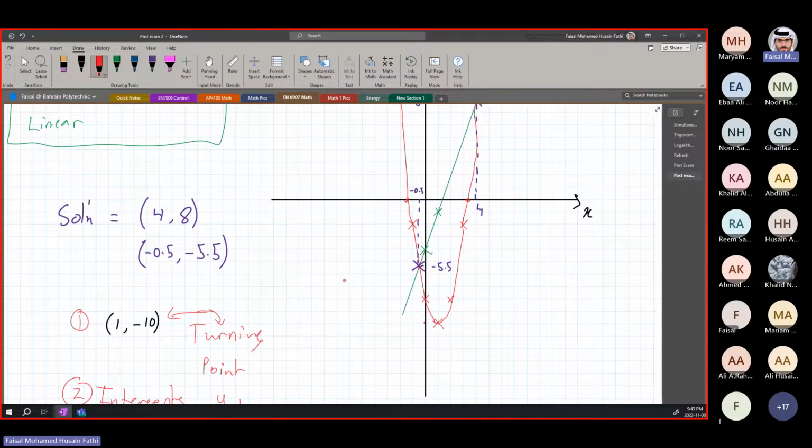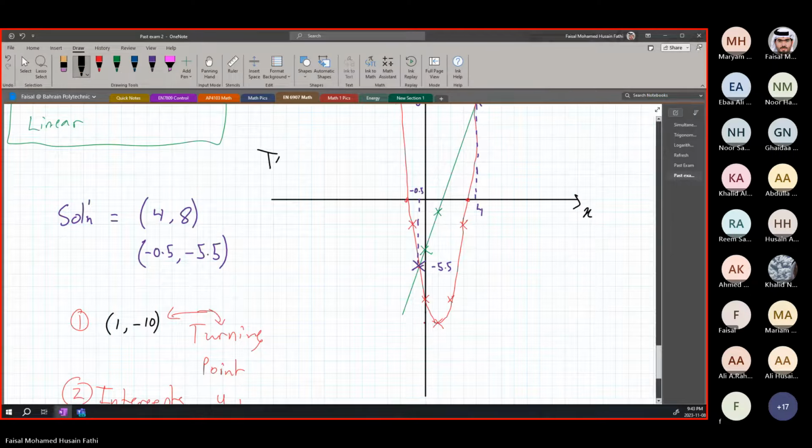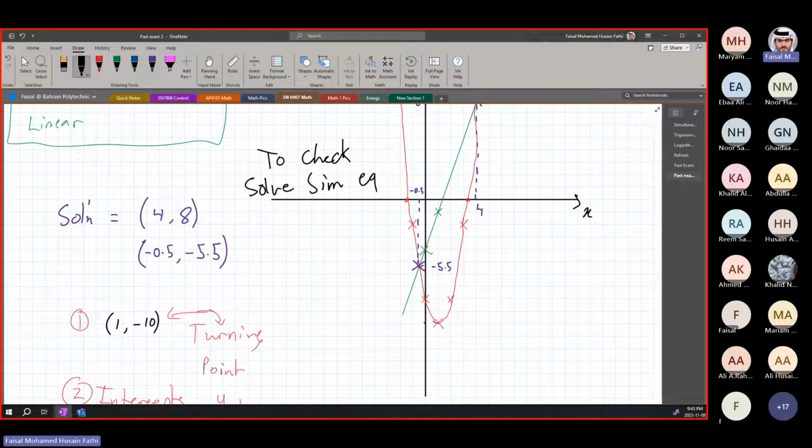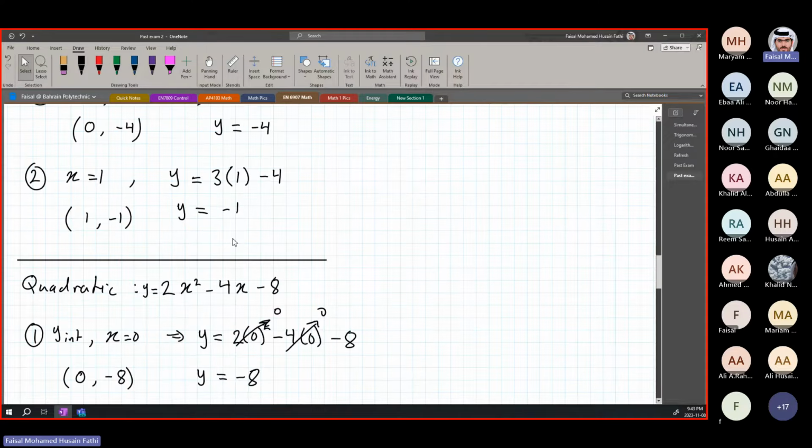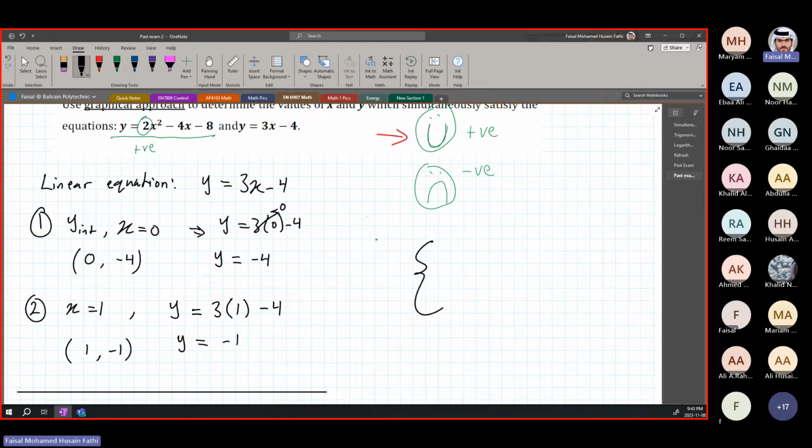To check, solve the simultaneous equations. Solve your simultaneous equations here. Equation 1 is y equals 3x minus 4. This is equation 1.